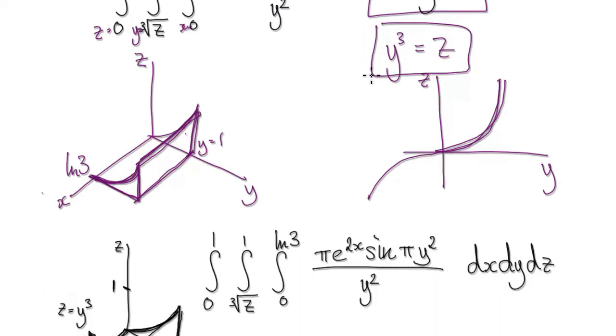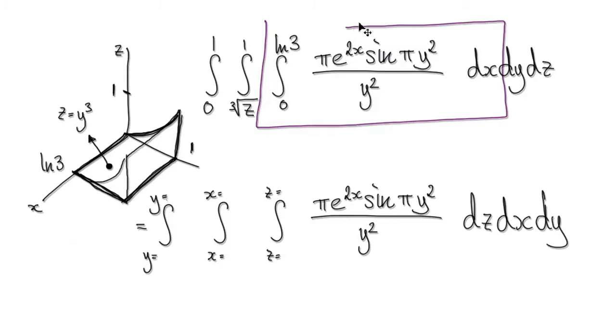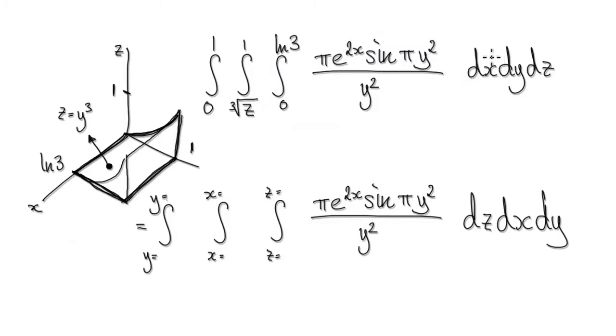Now that we know our region, remember that this surface here is your skateboard ramp surface, and it's given by this. Looking at the inner integral, we want to change the order of integration from here to here.